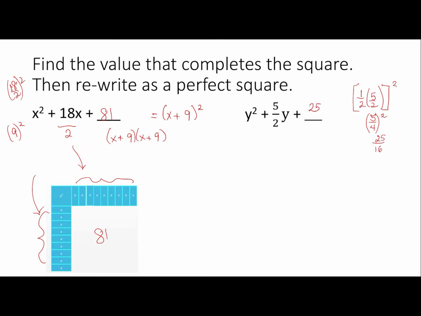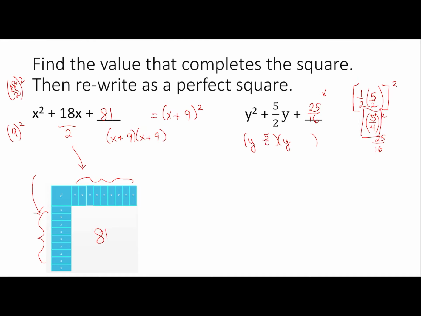25/16 is what we're adding in order to make this a perfect square trinomial that can be written as a binomial times itself. So when we factor this, the only way to get y squared is to take y times y, or y squared times 1, and then our factors of 25/16 are going to have to be 5/4 and 5/4, the square root of this value before we squared it.